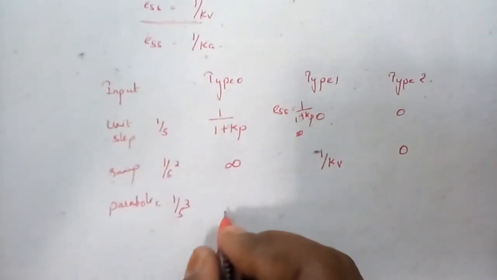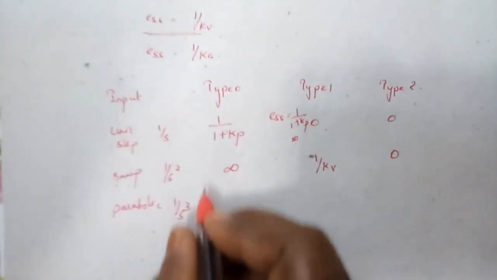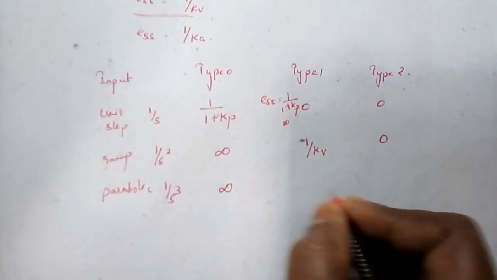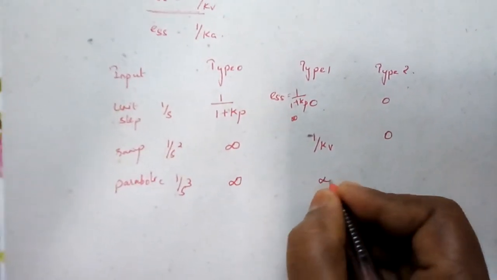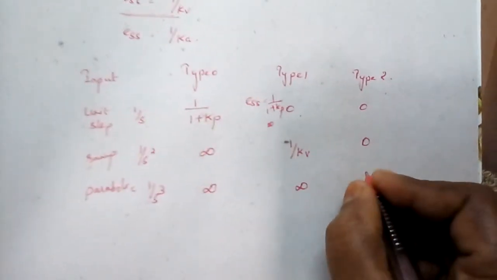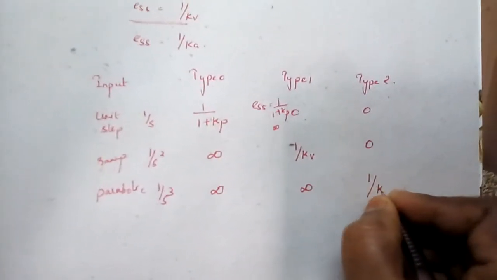And for the parabolic input provided, the type 0 system is infinite, the type 1 system is infinite, and the type 2 system is 1 by Ka.